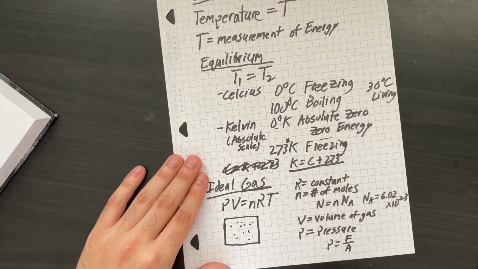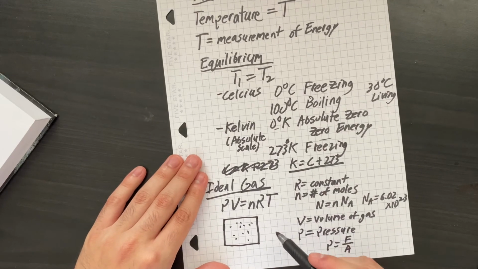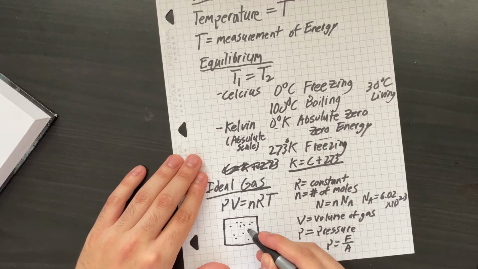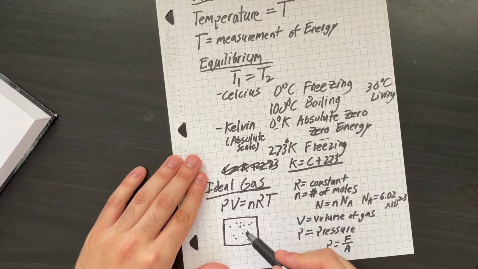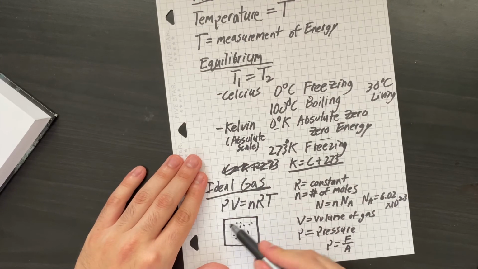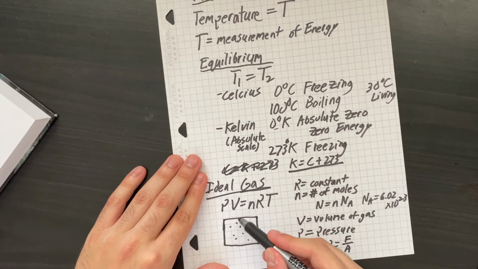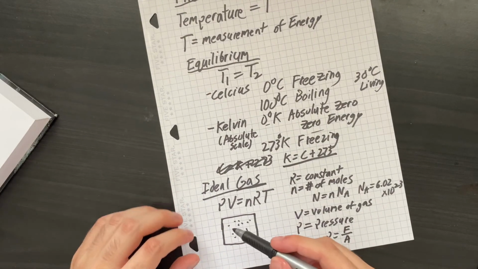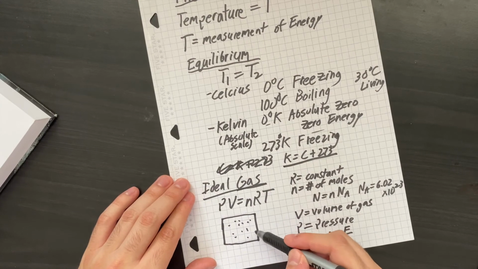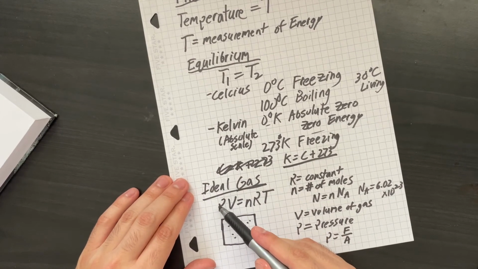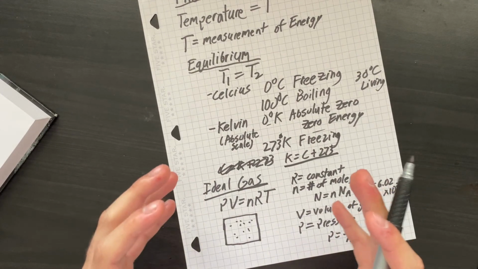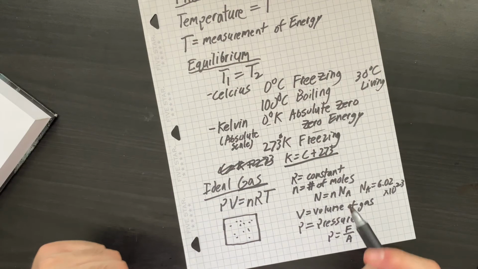N number of particles, at a certain temperature. So these particles are at a certain temperature, and now they fill this fixed volume V, and then they hit the sides of the box. The particles are moving around. They don't sit still. And basically, every time a particle hits the side of the box, that is what's measured by the pressure. So the pressure is just measuring how much the gas is pushing outside of it.